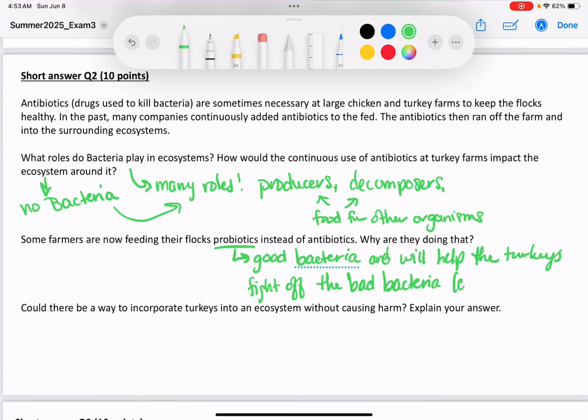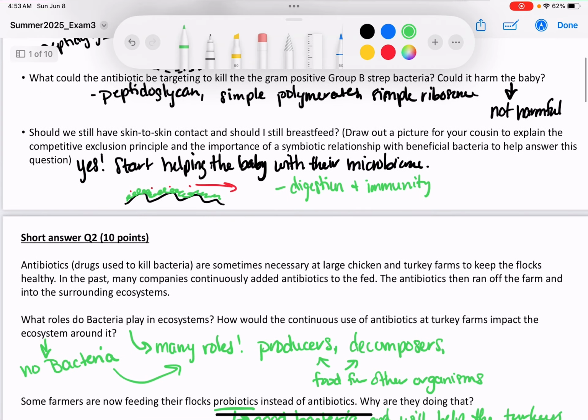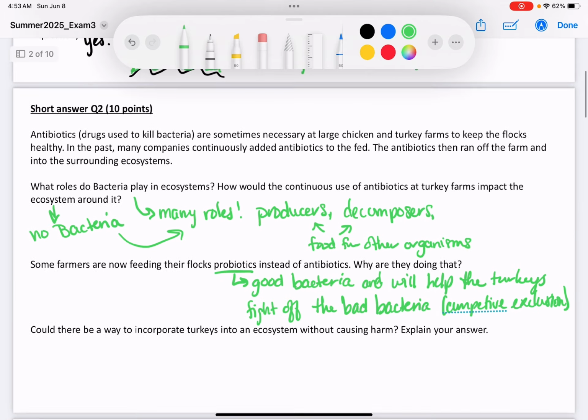So this is that competitive exclusion principle again, right? It's also going to help them in the same ways as before. These good bacteria are also going to help with digestion and immunity and other things as well.